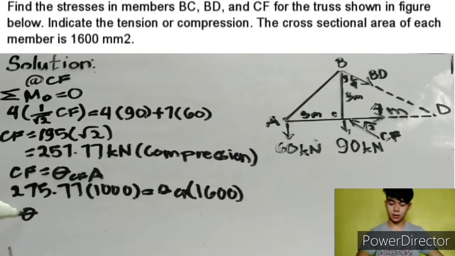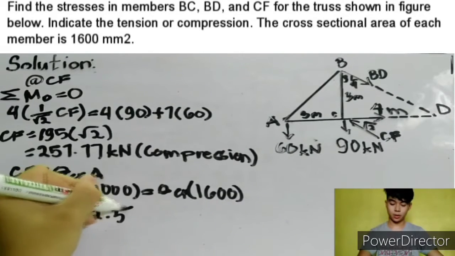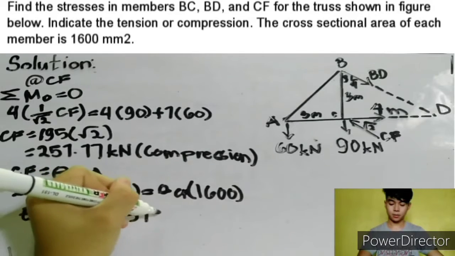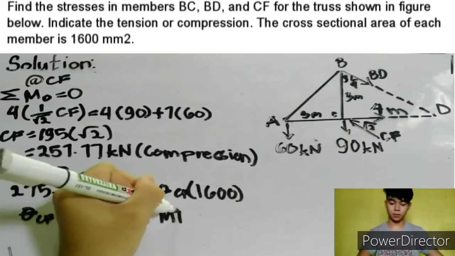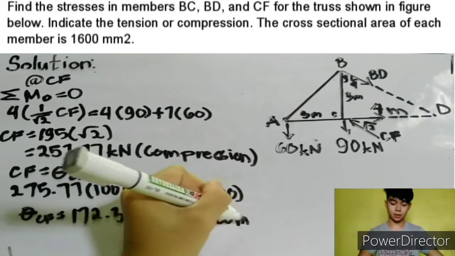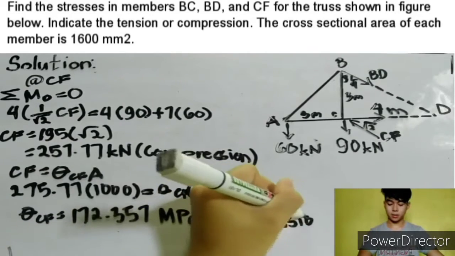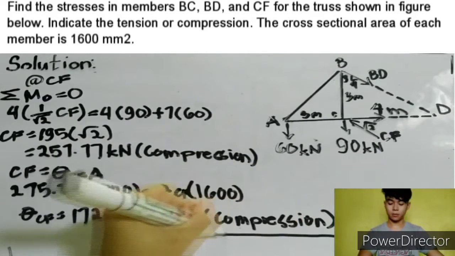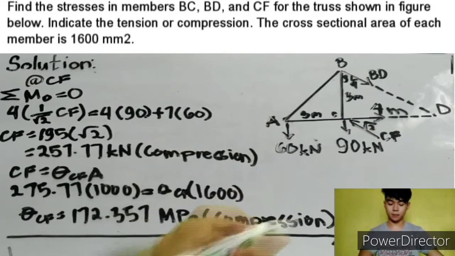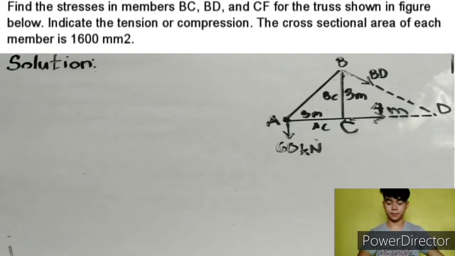So the stress in CF is equal to 172.357 megapascal, and it is compression.